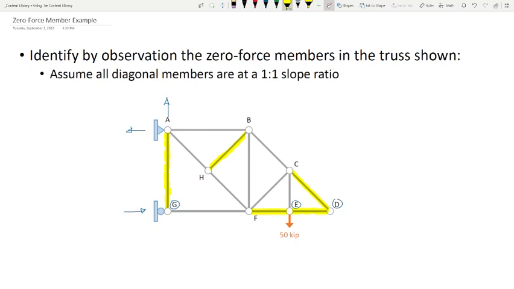Now, if you think that this is not practical, that you wouldn't have many trusses where this would happen, when we start looking at truss deflections, this will happen, okay? Because in order to compute truss deflections, you have to analyze the truss twice. You have to analyze the truss for the loads that are on the truss, and then you remove all those loads, and you put a single load where you're interested in finding deflections.